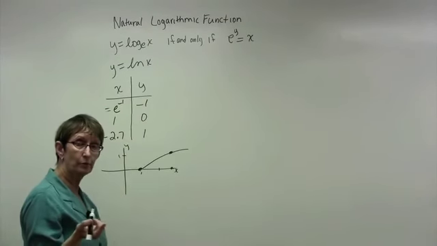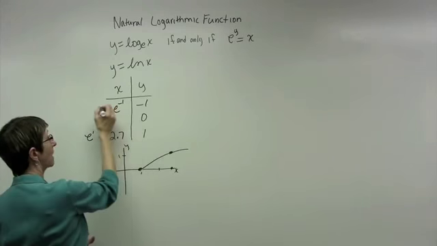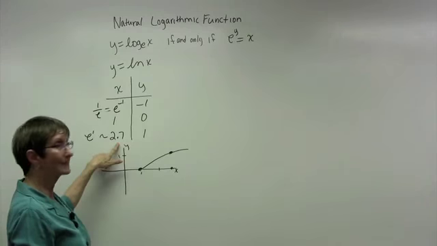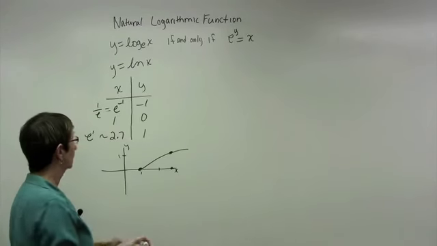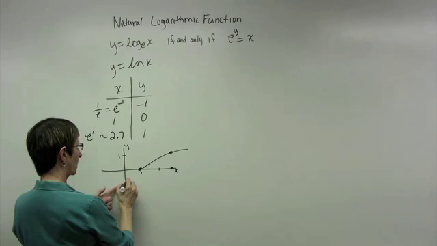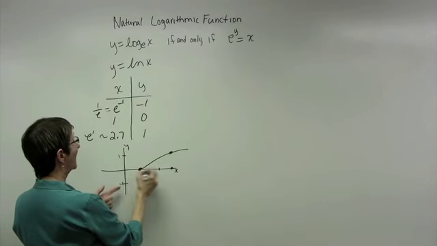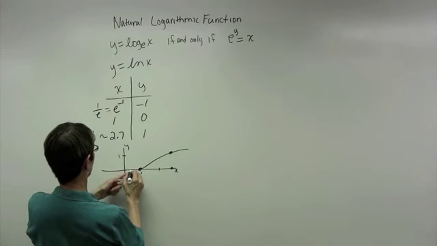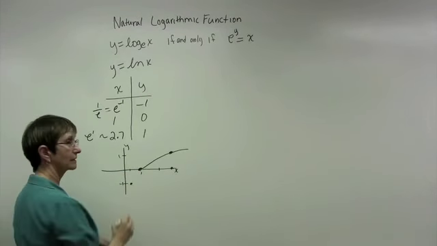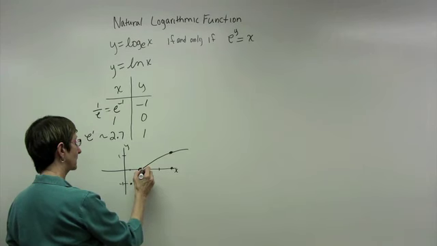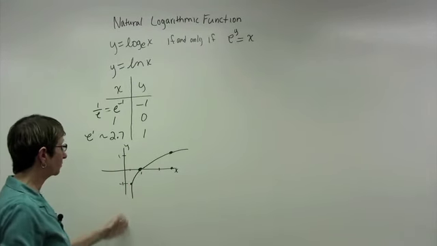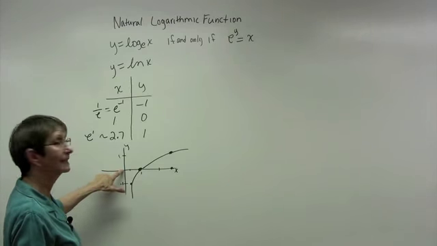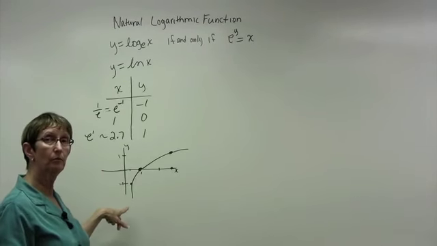If you remember from your exponents, a negative power, we'll put that in the denominator as 1 over e to the first. 1 over e is about 1 over 2.7, would make it about a third. So if y is negative 1, my x is about a third. So it looks like that. So my graph actually will approach the y-axis, but it'll never cross it because there's never a way to get x equal to 0.